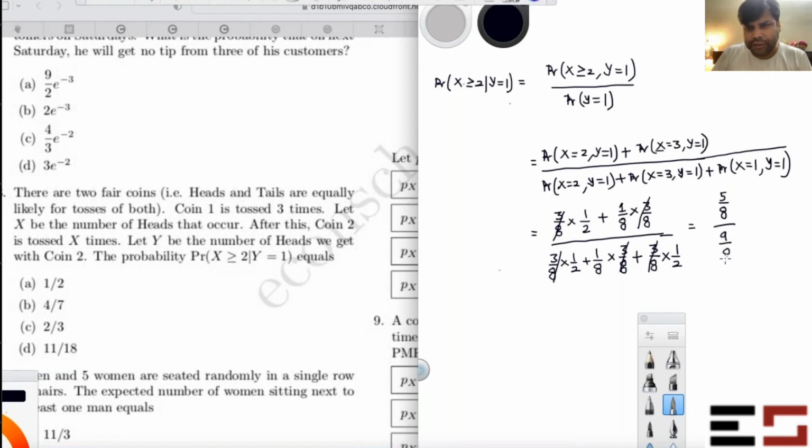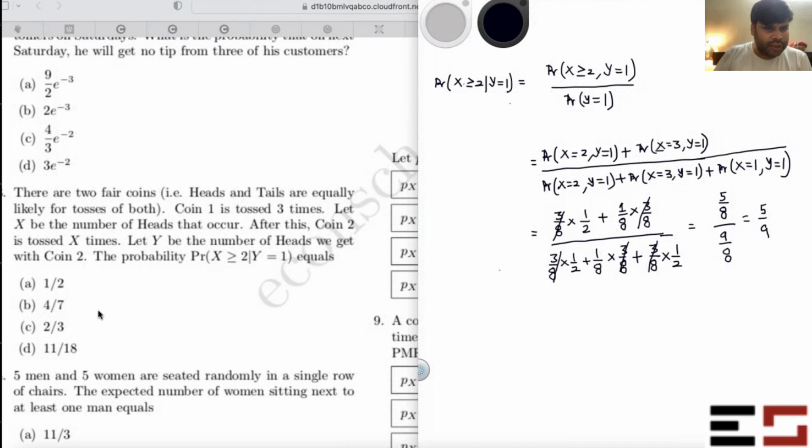Just check the calculation. Okay, so actually, none of the options is correct. So it is 10 by 18.